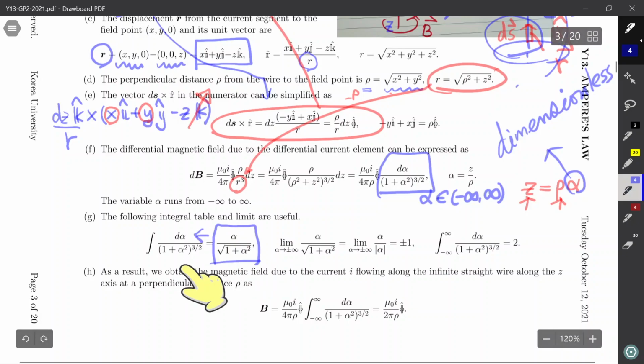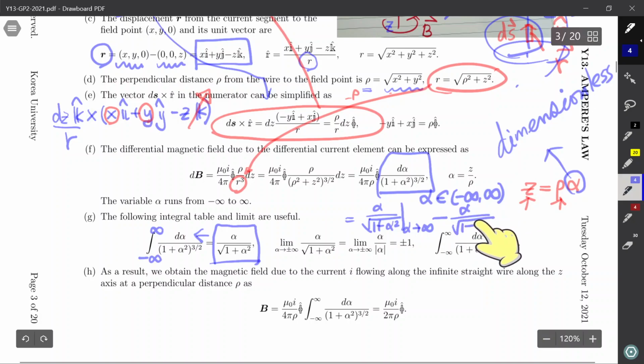Therefore, we can make use of this to find the integral from minus infinity to infinity. The result equals alpha over the square root of 1 plus alpha squared, alpha goes to infinity, subtracted by alpha over the square root of 1 plus alpha squared, alpha goes to minus infinity.